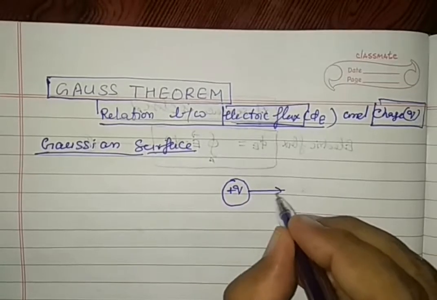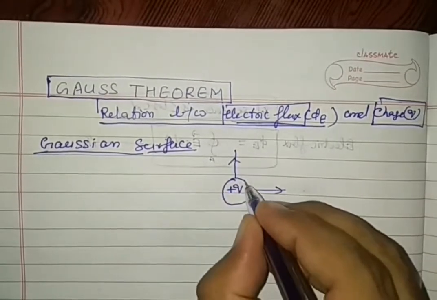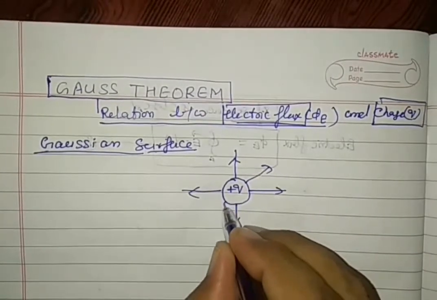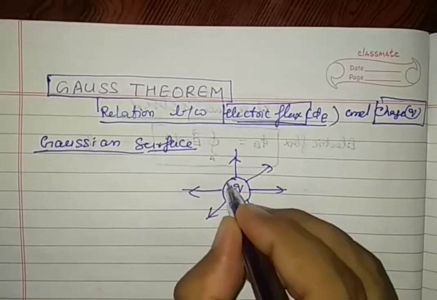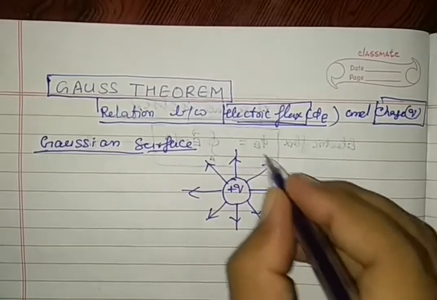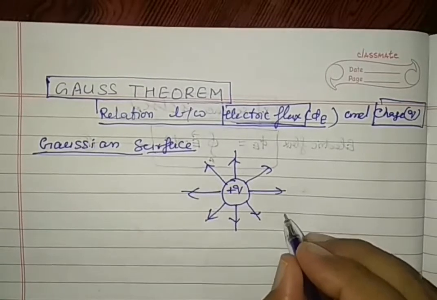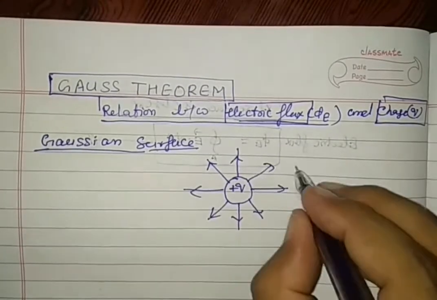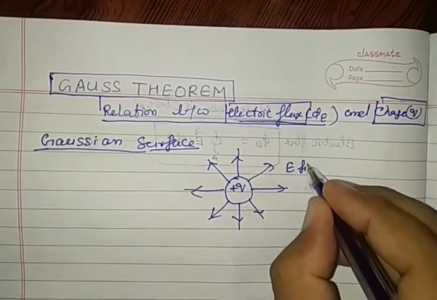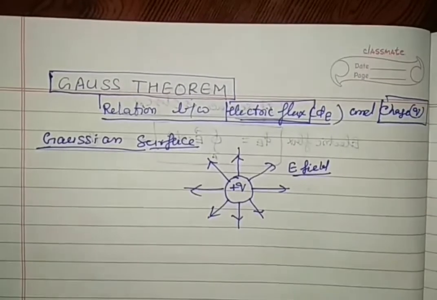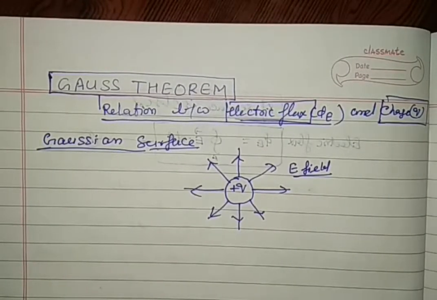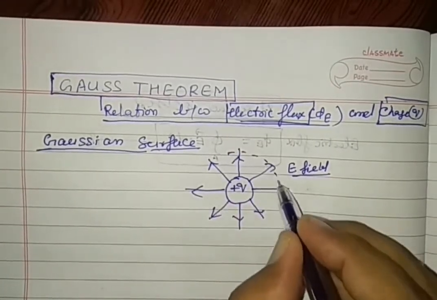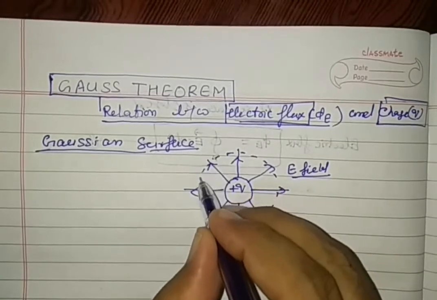Through this isolated charged body, electric lines of force seem to emit through it, forming an electric field around it. So electric lines of force emit from a positive charged body and form an electric field around it, right?